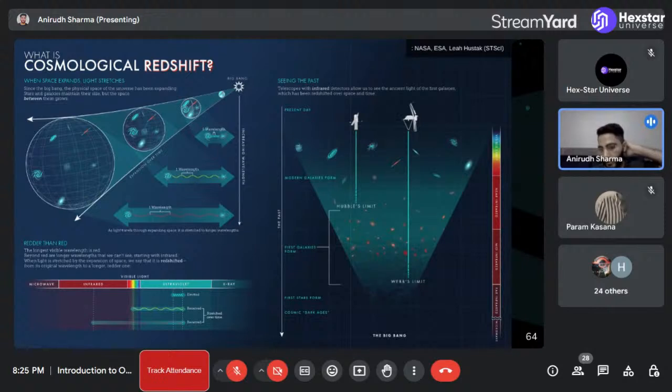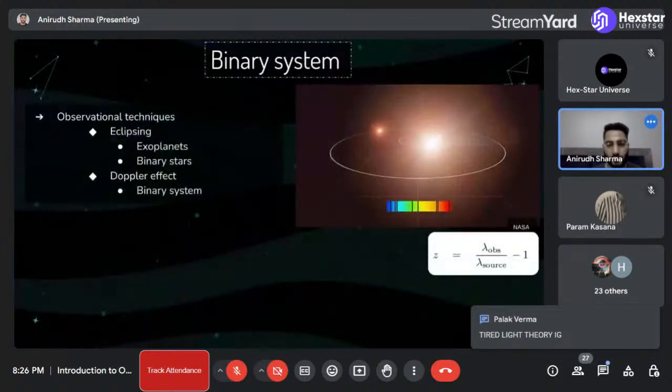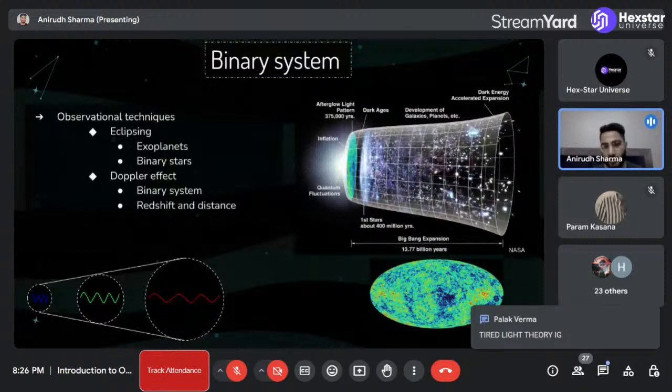Okay, so obviously you cannot see before the Big Bang. The reason I say that is because we can already not see anything that is beyond the cosmic microwave background. If you remember, we saw the image in the bottom right corner here.